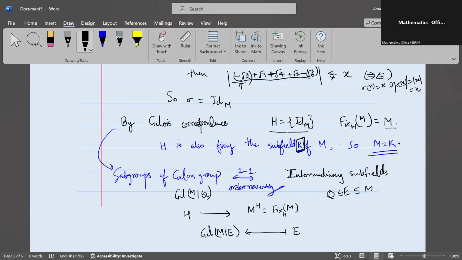Because the only element which fixes K is identity. No other element fixes it. So H is also fixing K. So in this order-reversing one-to-one correspondence, K is equal to L. Right?